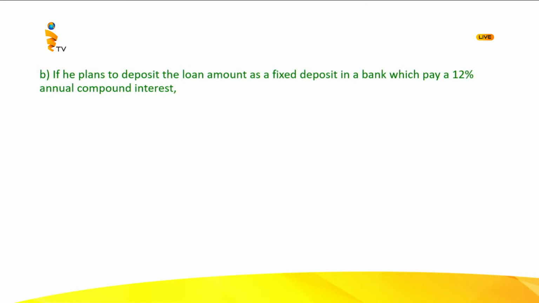Part B, if he plans to deposit the loan amount as a fixed deposit in a bank which pays a 12% annual compound interest, you have to find the total amount received at the end of 2 years.